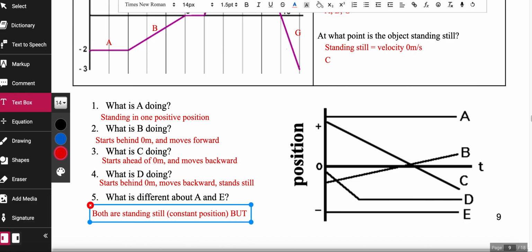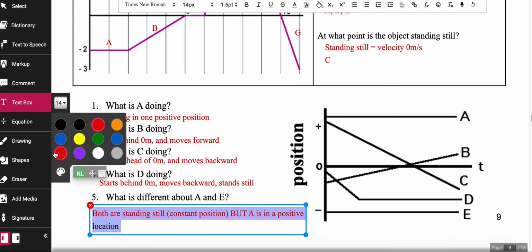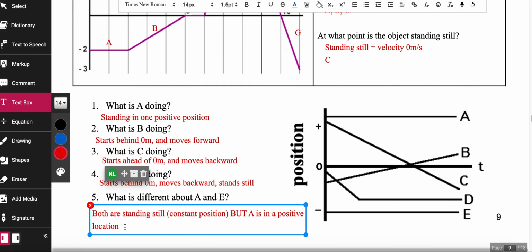But A is in a positive location and E is in a negative position.